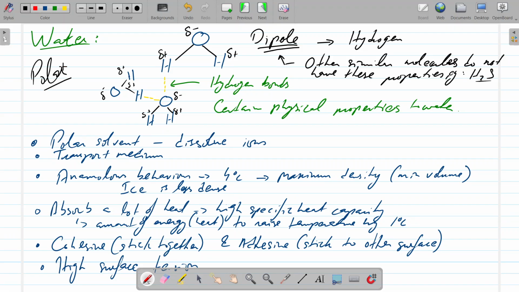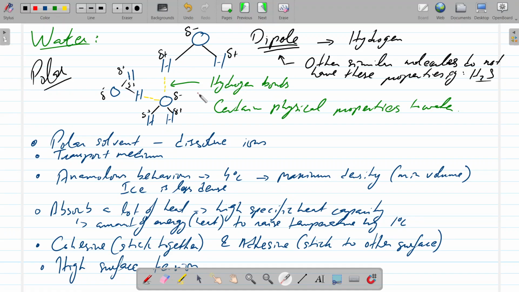And the reason why they have dipoles is because even though it's covalently bonded, the electrons are slightly more attracted towards the oxygen than the hydrogen, because the oxygen has more protons to pull the electrons towards it, and because electrons are negatively charged, oxygen develops a slight negative charge, or delta negative, and each hydrogen has a slight positive charge.